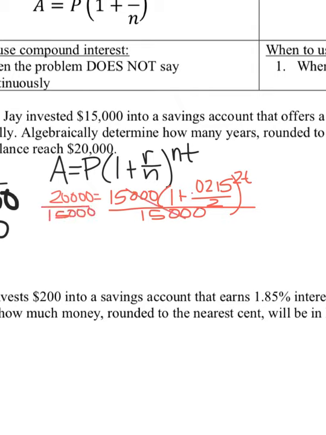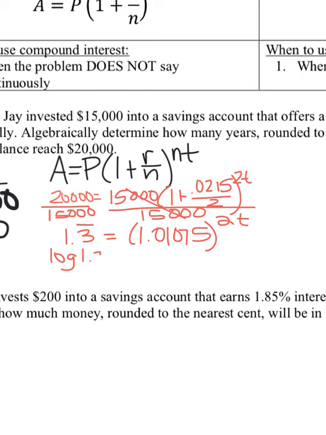This cancels out. On the left side, you get 1.3 repeating, or you could write 1.33333, five decimals. If you want to clean up what's inside the parentheses, you can. That ends up being 1.01075 raised to the 2t power. Now to bring down the exponent, you take the log of both sides.